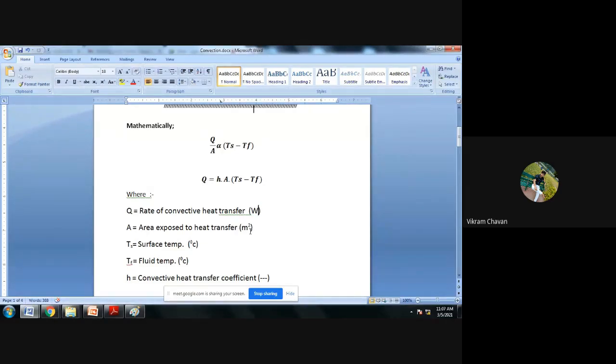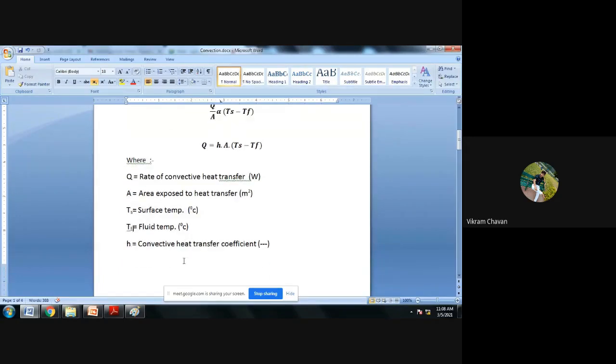Area we are always taking in meter square. T suffix S is the surface temperature, which will be in degree Celsius or degree Kelvin. T suffix F is the fluid temperature flowing over that surface, and its unit is also degree Celsius or degree Kelvin.